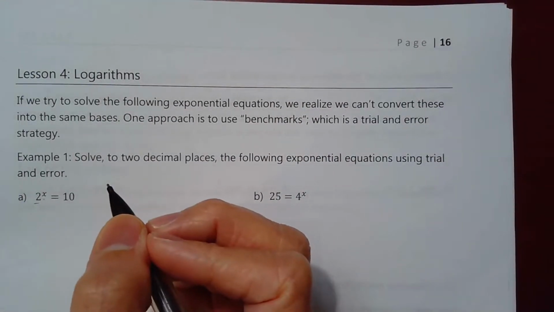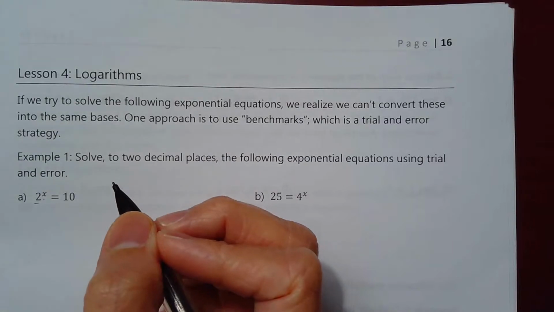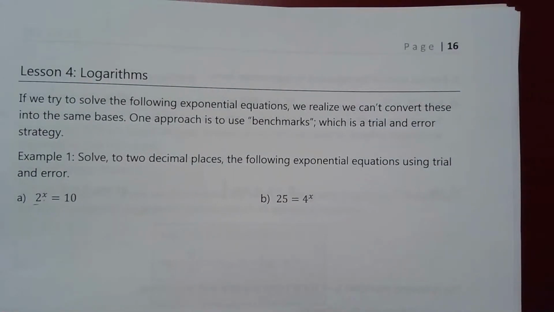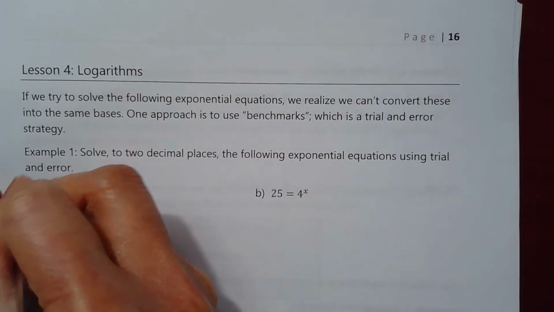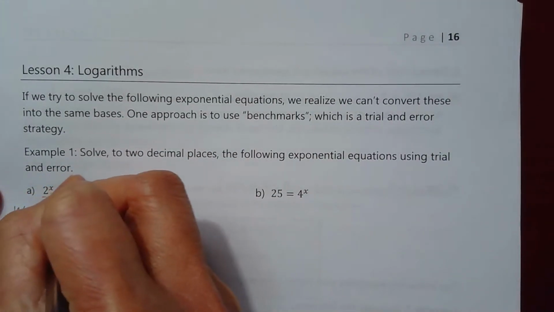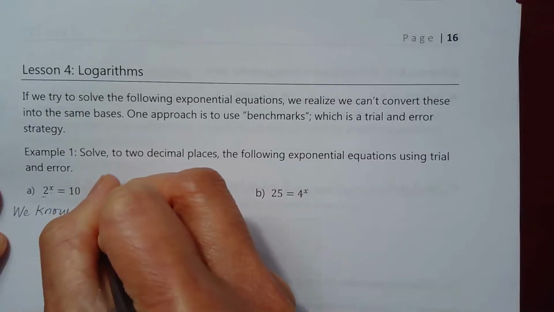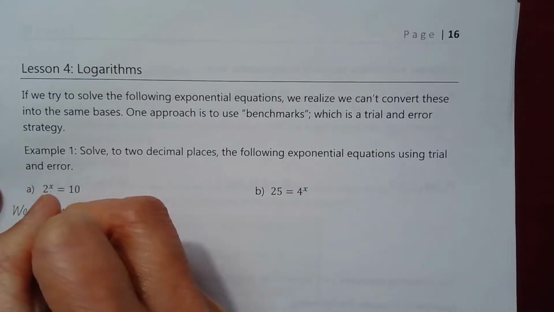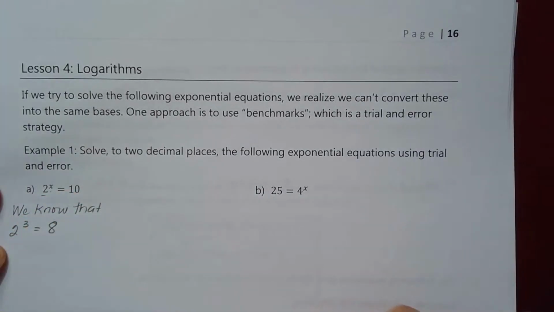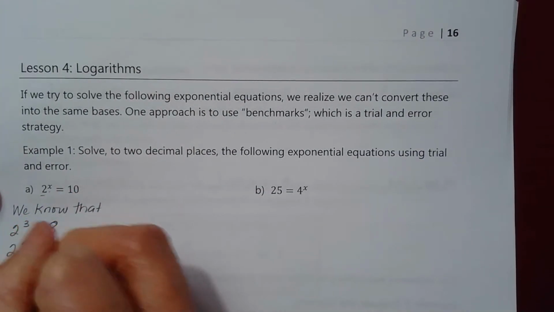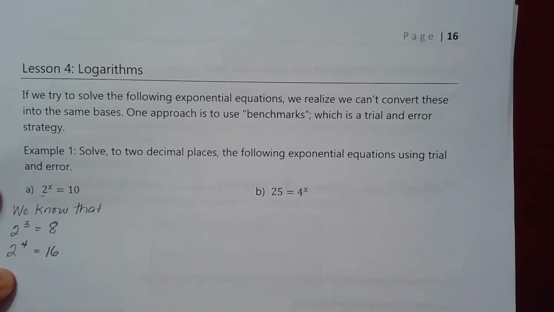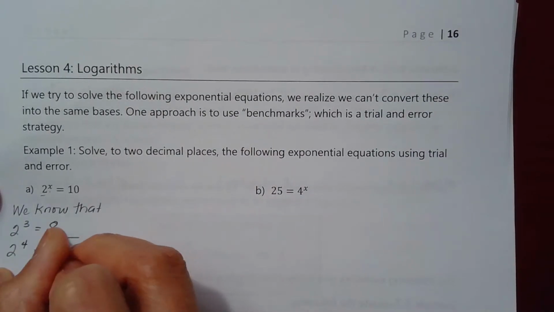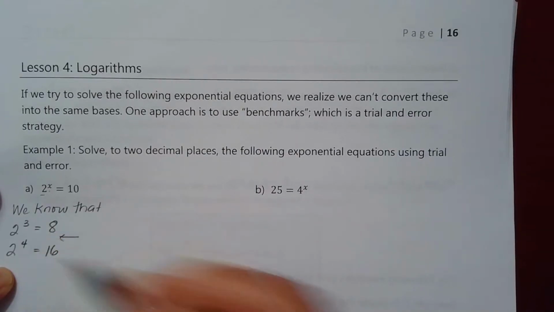Let's rearrange some stuff in here. We know that 2 to the exponent 3 is 8, and 2 to the 4 is going to give us 16. So 10 is somewhere in between 8 and 16.